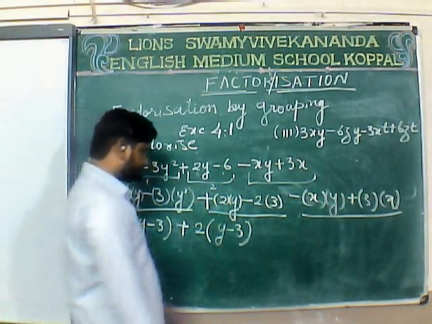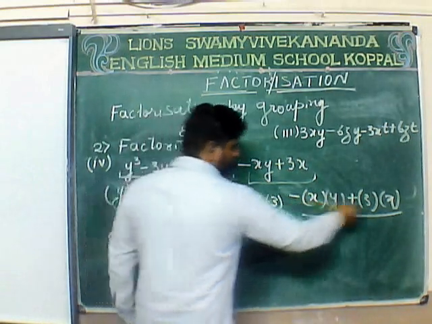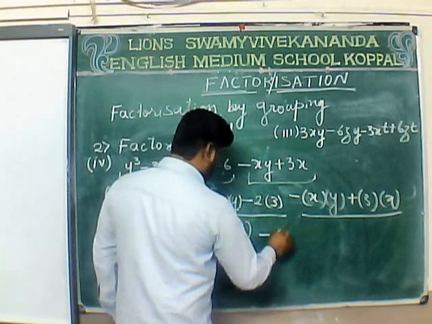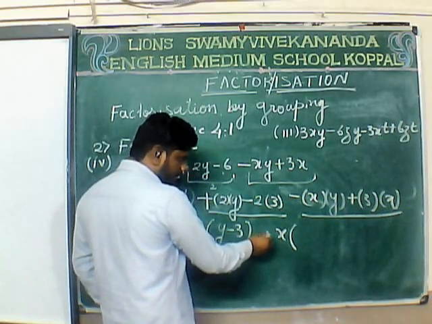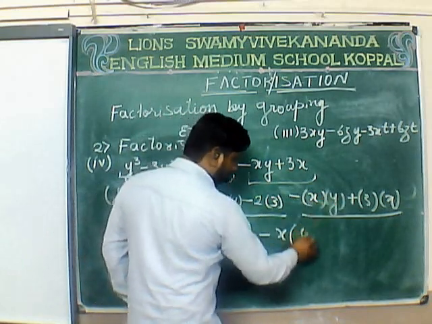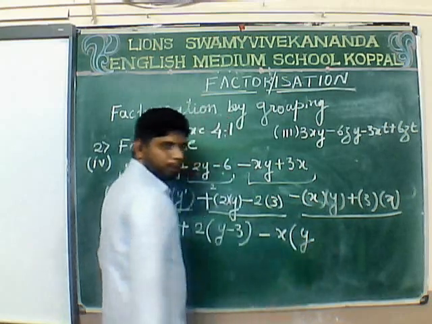Next thing, here we have minus, so it is minus. What is common? X is common. But as I took minus outside, what is left here? Y is left. What should be the next sign? Here it is plus. Can I write plus here?